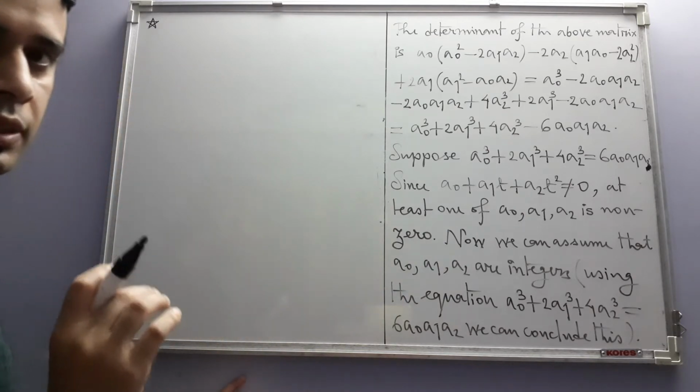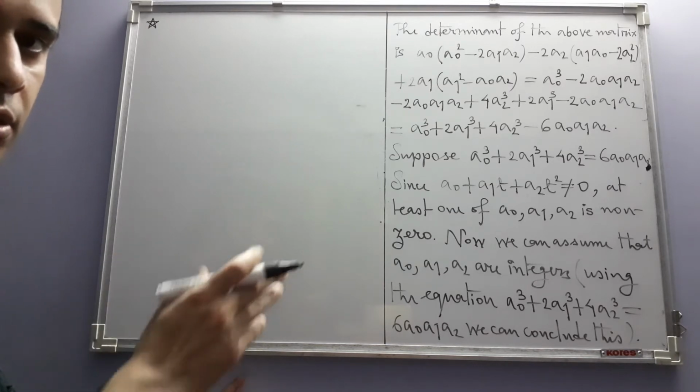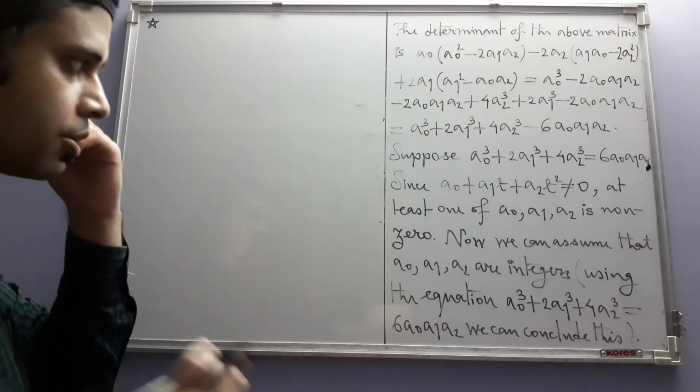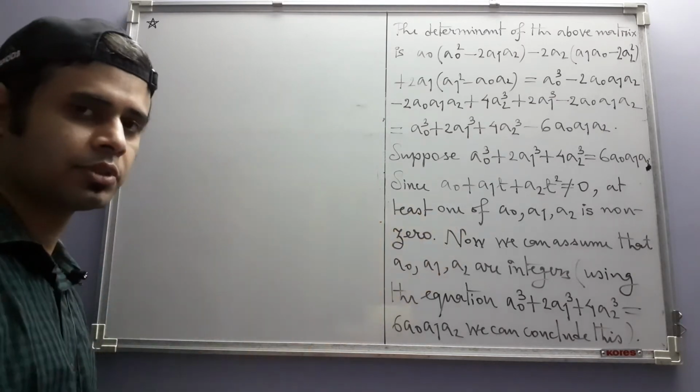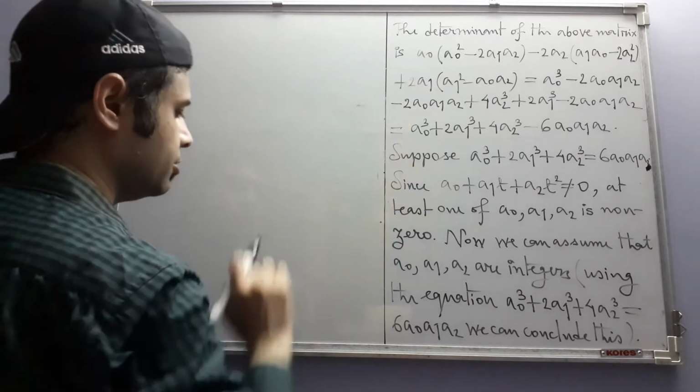Such a positive integer is called the greatest common divisor of these three integers. Such a thing exists because at least one of them is non-zero. It's a fact from number theory.